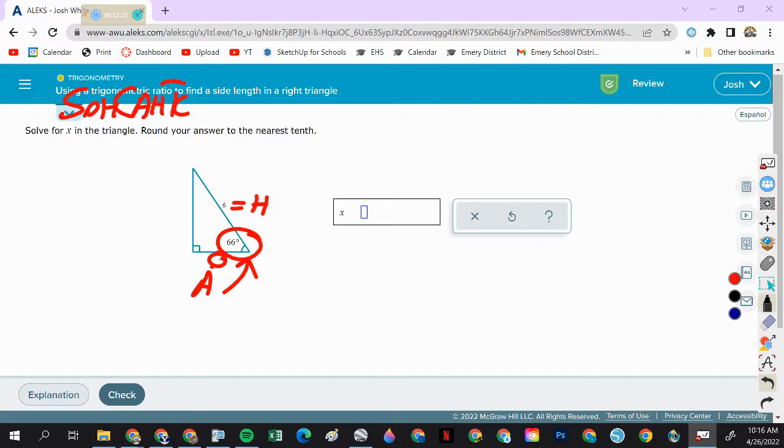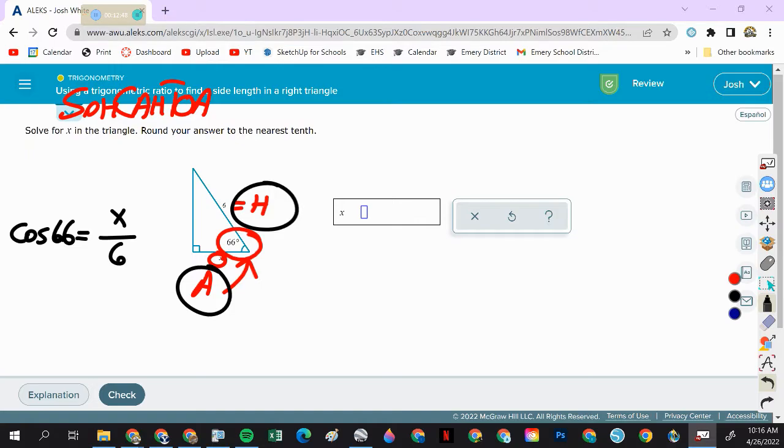So I write my SOHCAHTOA. Which ratio uses A and H? Cosine. So I write the cosine of 66 is x over 6. Does everybody understand that?